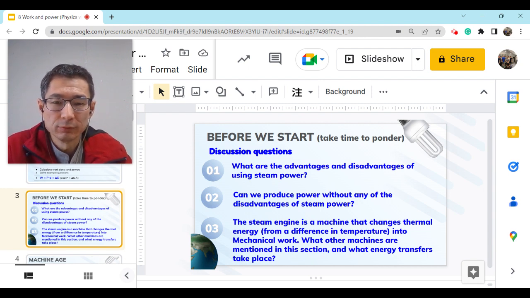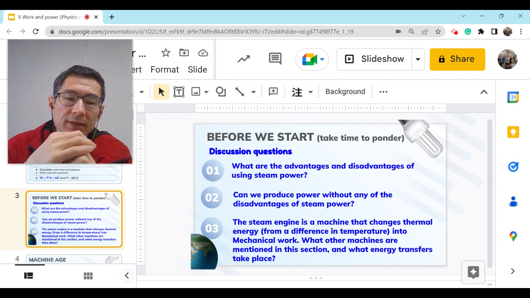Another question to ponder is, can we produce power without any of the disadvantages of steam? This is for you to recall and spend some time.